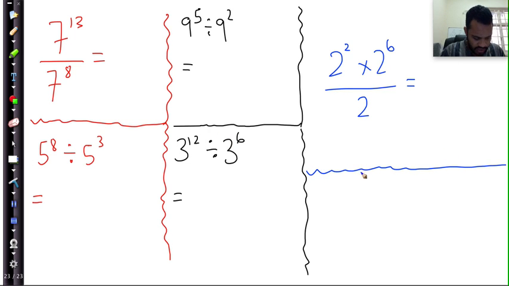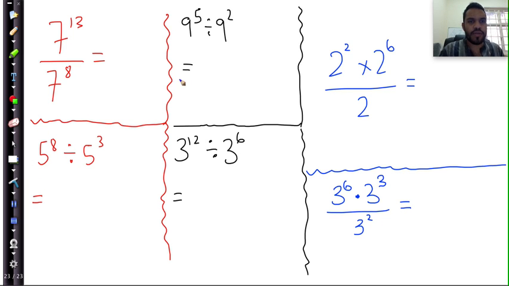And let's make that 3 to the power of 6 multiplied by, with a dot, 3 to the power of 3 divided by 3 to the power of 2. Okay, so let's see what you can do. Pause the video, give that a go, and then press play and check our answers again.